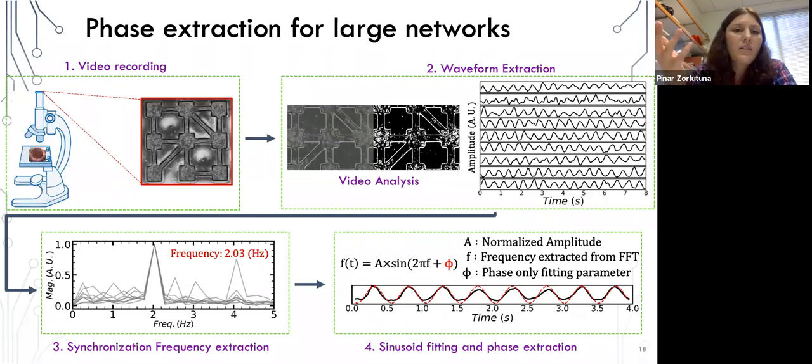And for that, we resorted to imaging instead of recording directly from the membrane potential. We have created a wave extraction algorithm that takes the beating cell videos and maps them into a fitting waveform and extracts the phases based on that video image analysis and fitting.